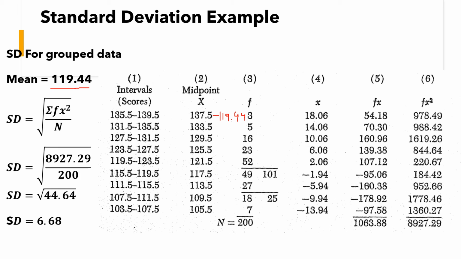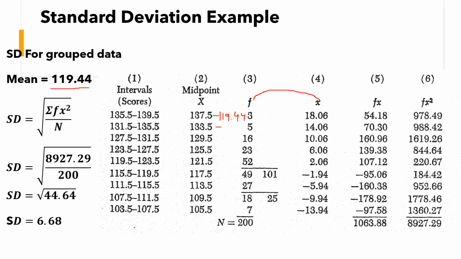Then we calculate the difference again, minus 119.44, and the difference is 14.06. After that we calculate fx, which is the deviation multiplied by the frequency.